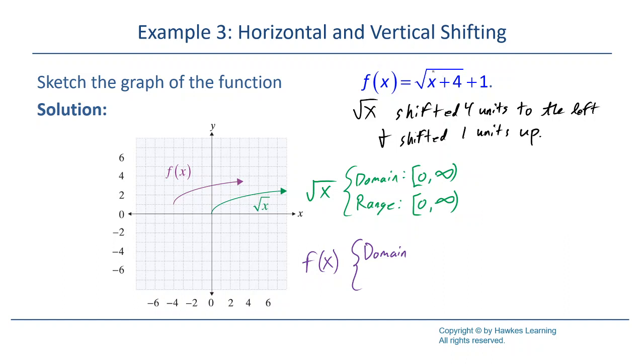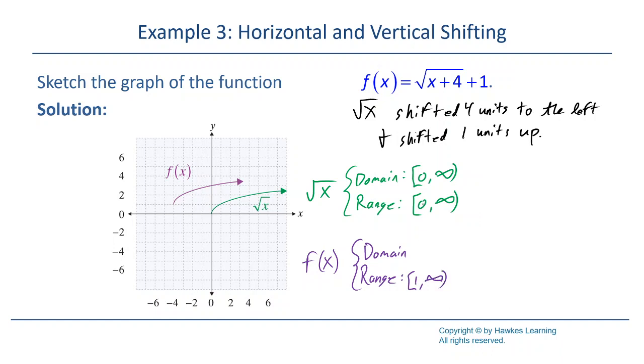I can make the square root of 0 by plugging in -4, but that's 0 plus 1 still. So that was the range, because that one was a little bit easier to talk about. So the range is now 1 to infinity.